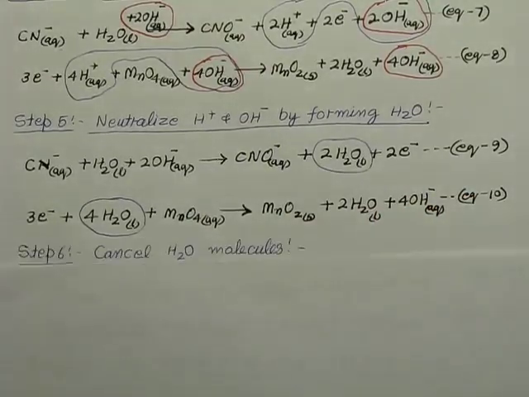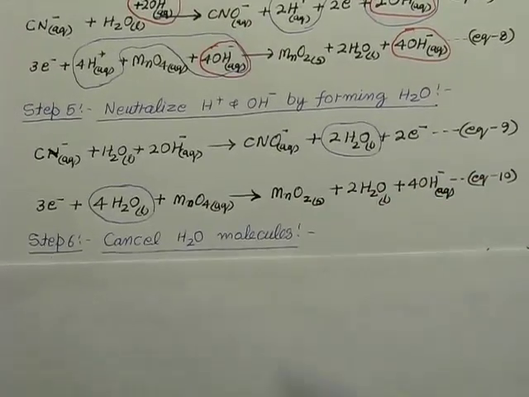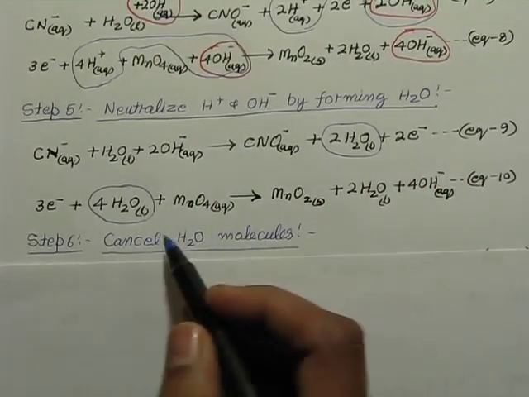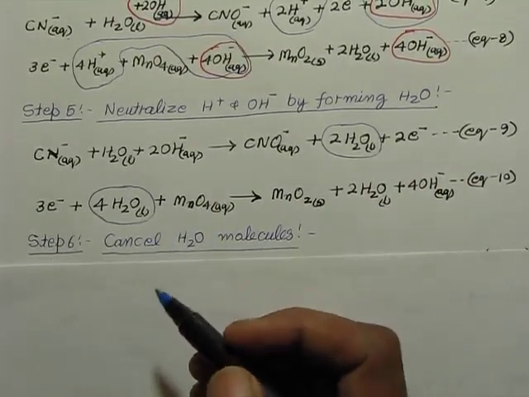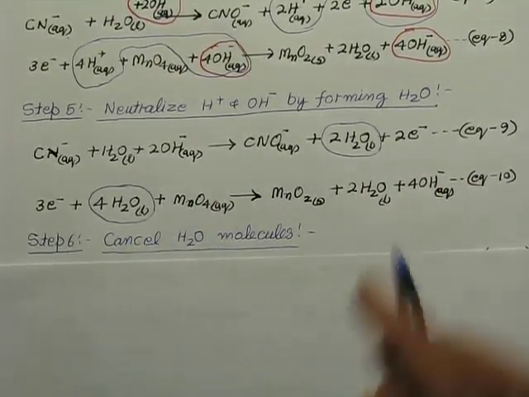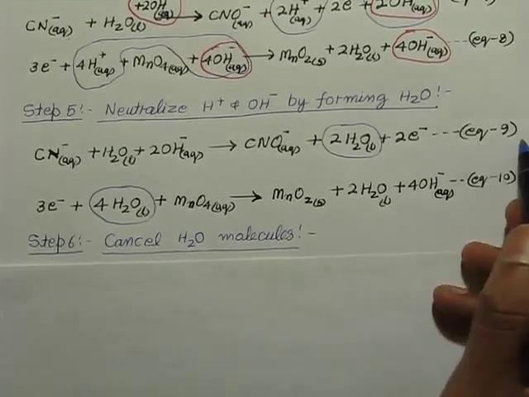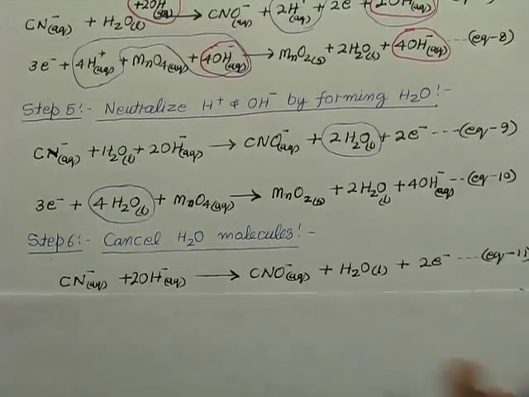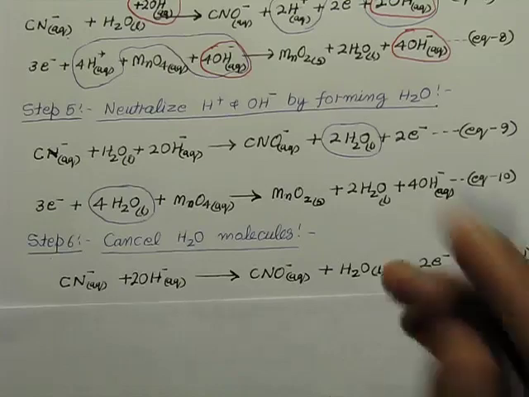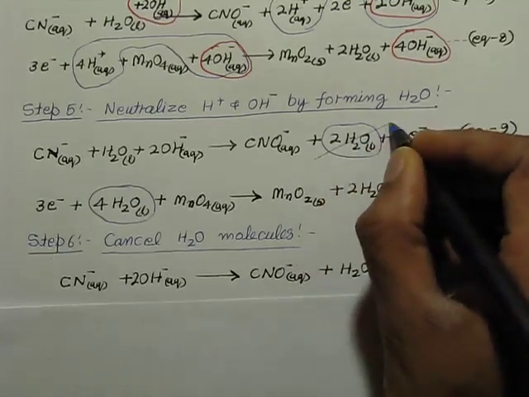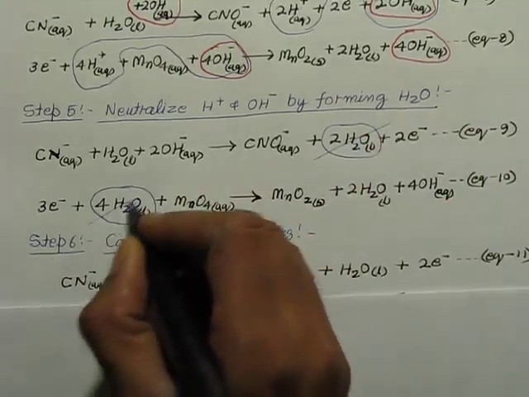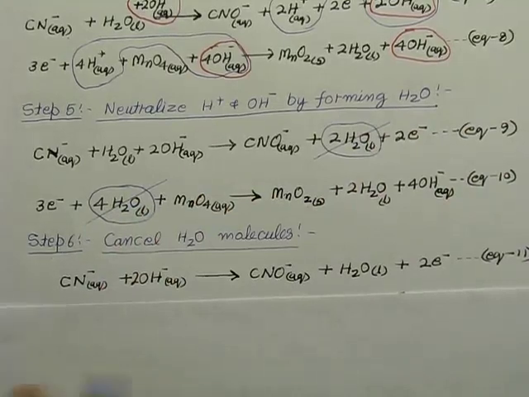So now what we have to do, we have to cancel the water molecule. Those are common in both the reactions, because we have to add equation number 9 and 10 at the end. So we can cancel 2 water molecule from this reaction and 2 water molecule from this reaction. So what will remain here?